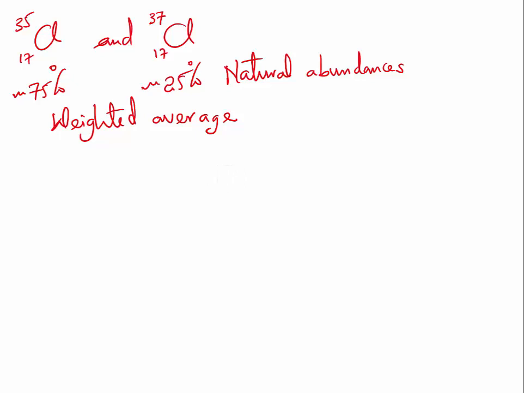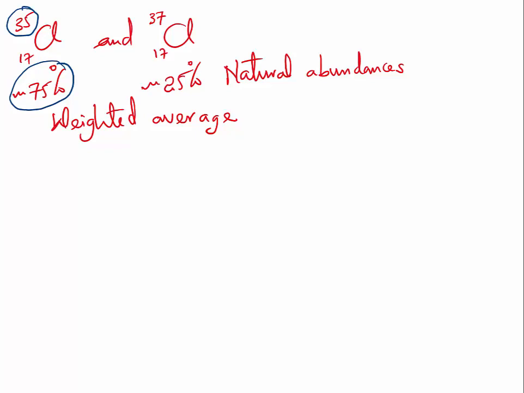And how do we calculate the weighted average for chlorine? This is how we do it. We multiply the natural abundance by the mass number of each isotope. This is what I mean.